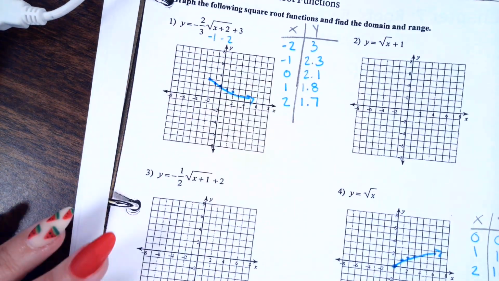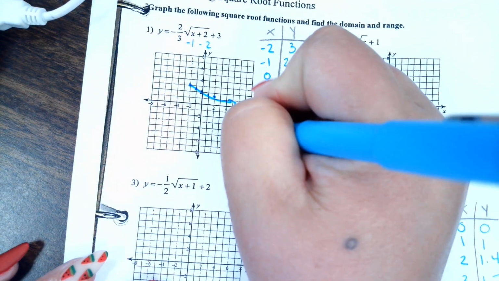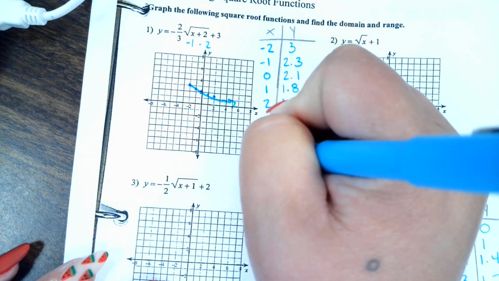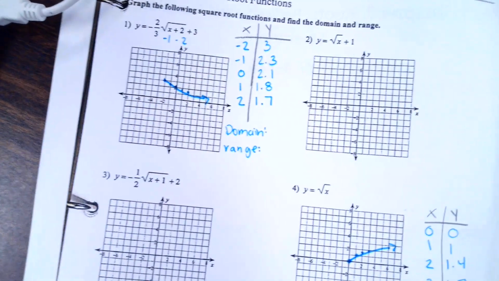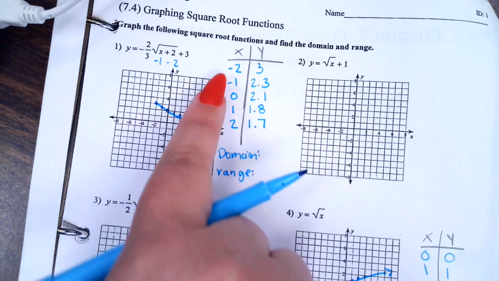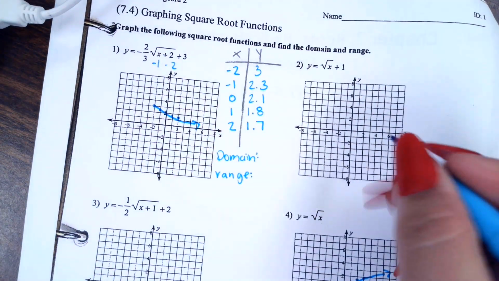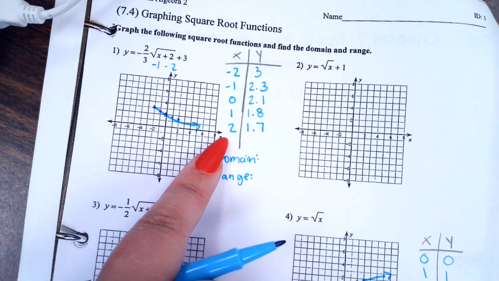What I'm also going to ask you to do for these square root functions is state the domain and the range. The domain of these functions are possible x values. So we kind of already figured that out when we made our table, right? So our x values start at -2, and then they go up from there.